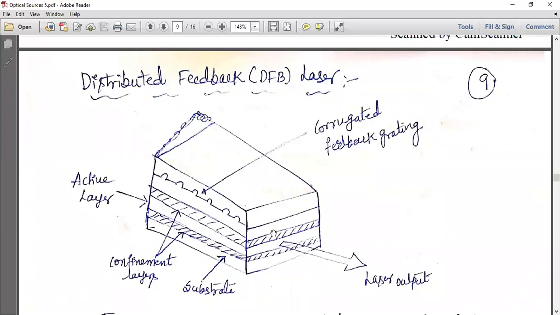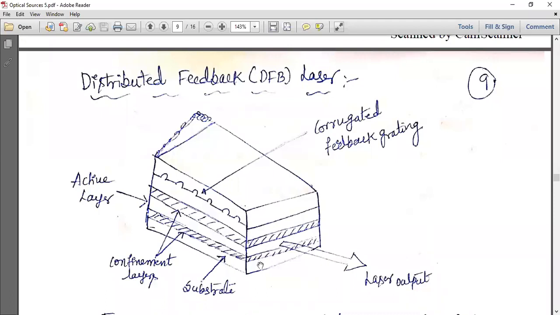One side may be P type and the other N type, and you connect the positive terminal accordingly. If it is a P type material, the holes are injected into the active layer. If it is an N type material, the electrons are pushed into the active layer. So in this active layer, you have electrons and holes.